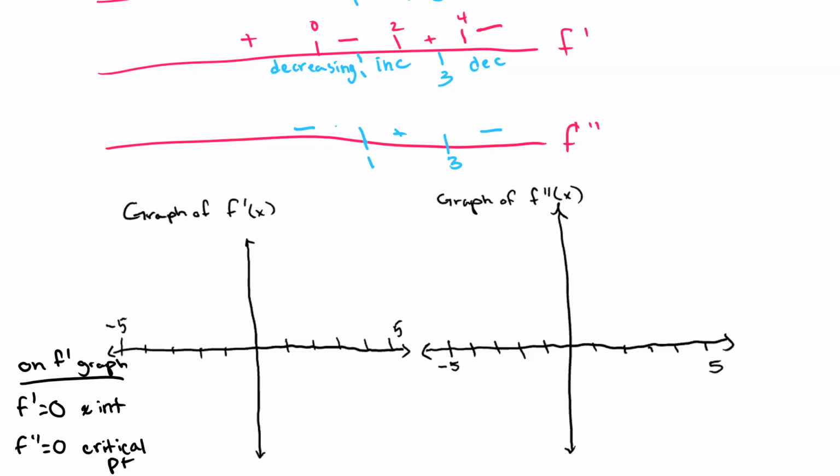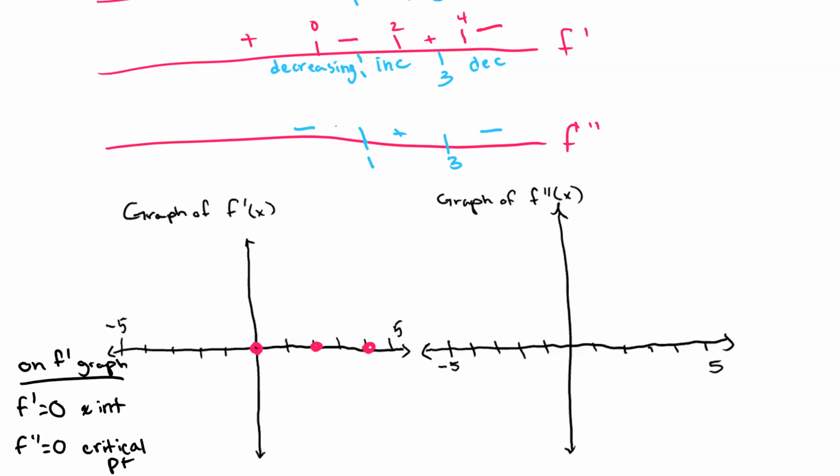Let's go ahead and put those on first. So I've got my first derivative equals 0 at 0, 2, and 4. Those are my x-intercepts. And then my critical points I have at 1 and at 3. We'll decide on their location momentarily.